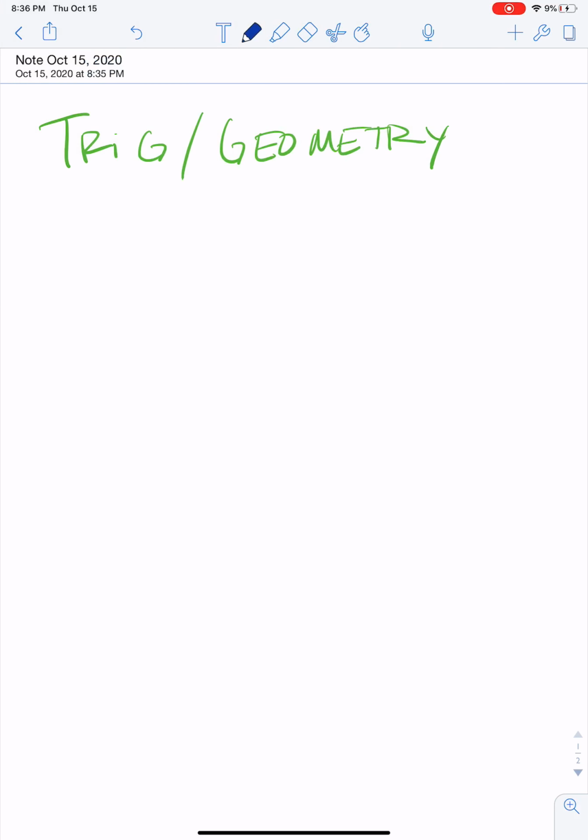So the first thing I want to remind you is that if you have a right triangle like this, we've got two angles here, theta and phi. It's always true that the angles in a triangle sum to 180 degrees.